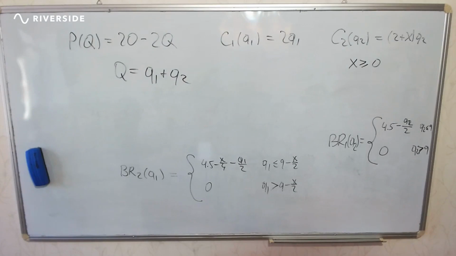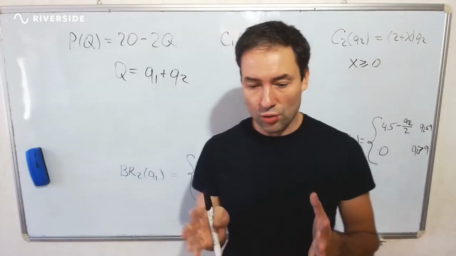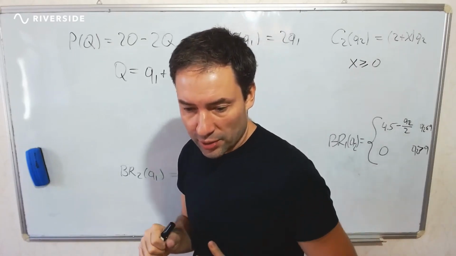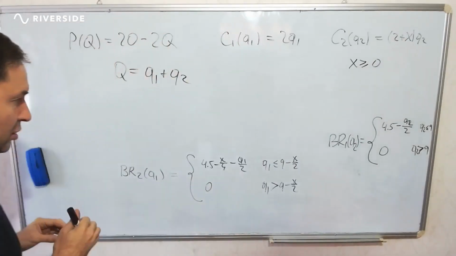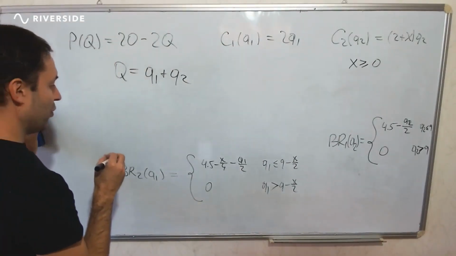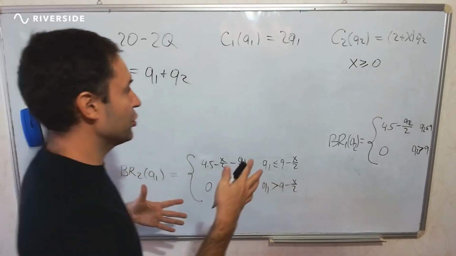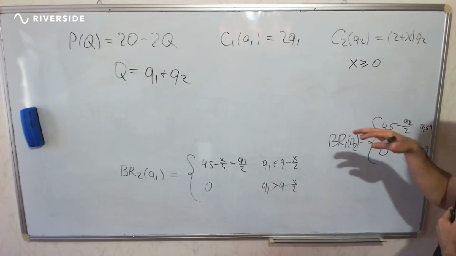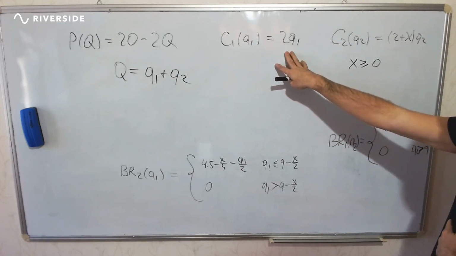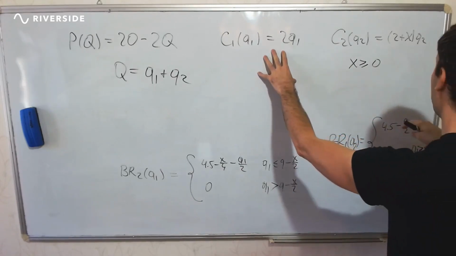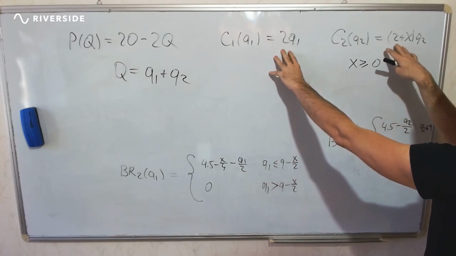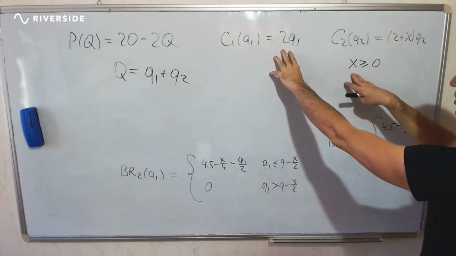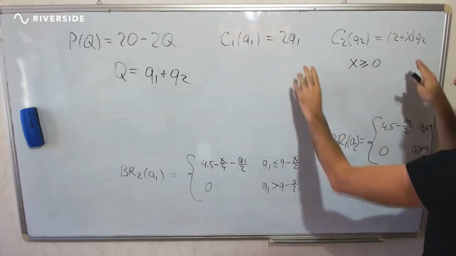Okay. Now that we have two best response functions, we can solve for the Nash equilibrium. Let's solve for the positive Nash equilibrium first. The logic of Nash equilibrium here is that firm 1 will always produce, because firm 1 is always at least as good as firm 2, and for most of the parameters x, firm 2 is less efficient.